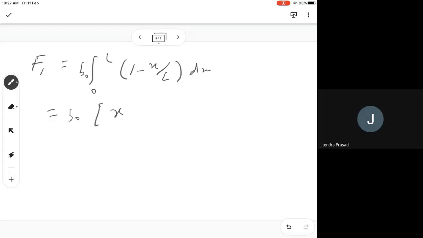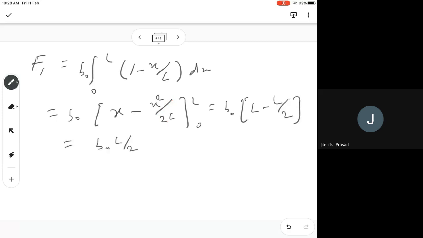Now what about F? F1 and F2 we have to calculate. So F1 is equal to integral 0 to L of B naught times N1, which is 1 minus x over L, dx. So B naught times x minus x square over 2L, from 0 to L. You put the values, so you get B naught times L minus L square over 2L, so L over 2. So you get B naught L over 2.